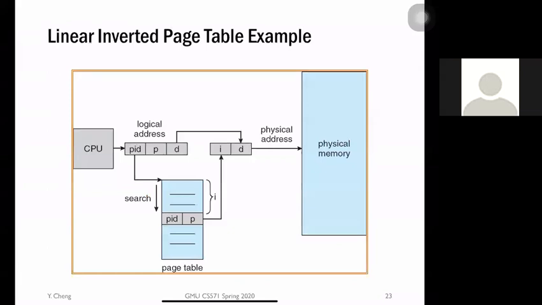So this slide shows the visualization from the hardware perspective, how a linear inverted globally shared page table works, okay? So first of all, as a very first step, the CPU generates the logical or the virtual address. And also the CPU adds one more step.